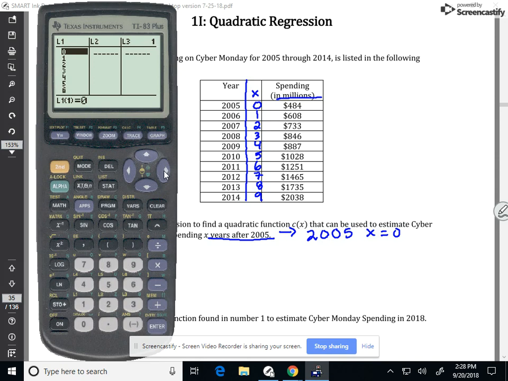Now, once we're done with that, we're going to go one column to the right, so L2, and this is where we're going to input the second column. We're just going to say 484. We know all these values are in millions, but instead of putting all the zeros and making our life more difficult, we're just going to put in those values.